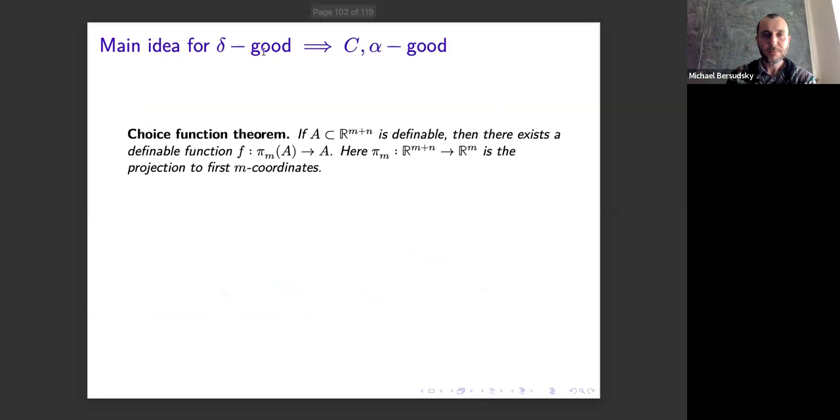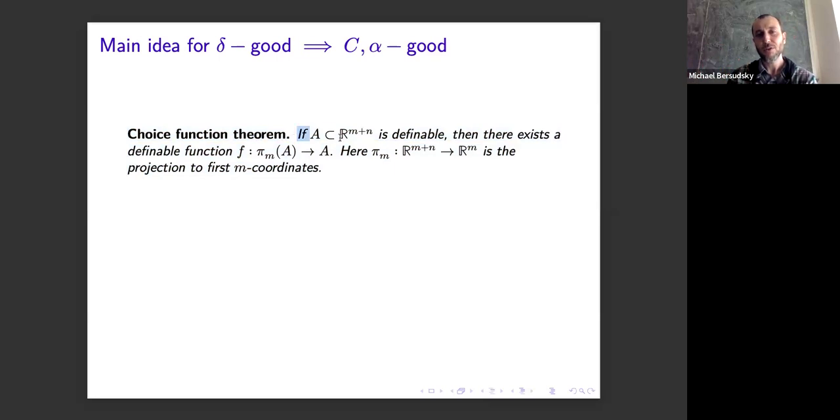First I will give you an idea why delta good implies C alpha good. I'm also telling you this because this is the main tool we use from o-minimal structures. It's called the choice function theorem, and I think it appears in many other works.